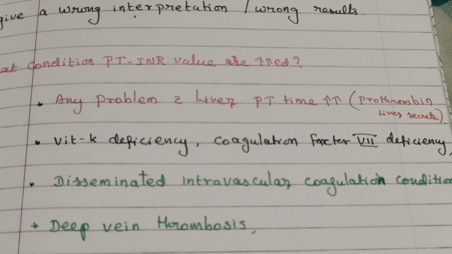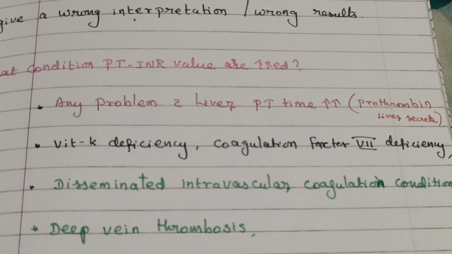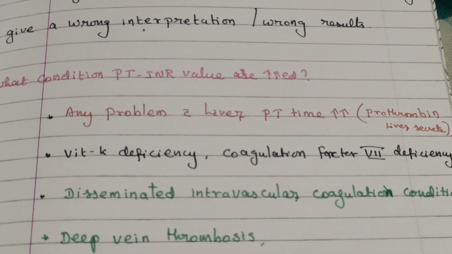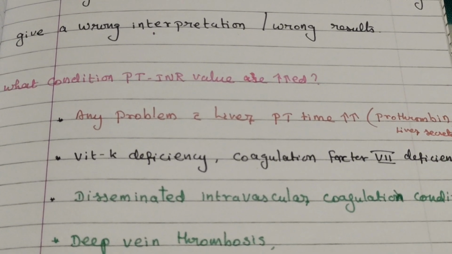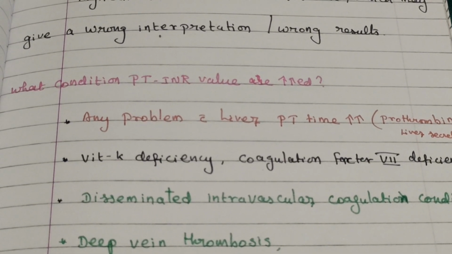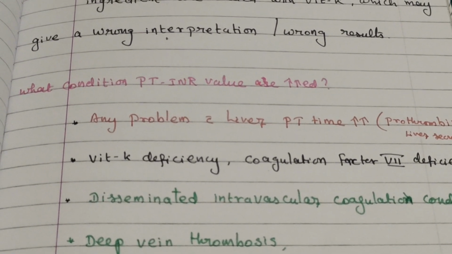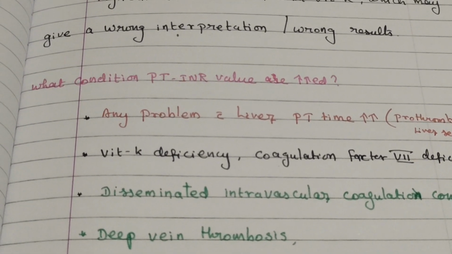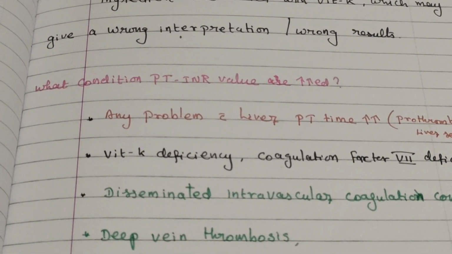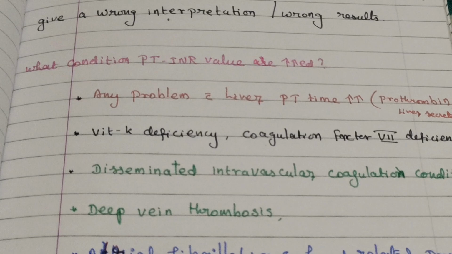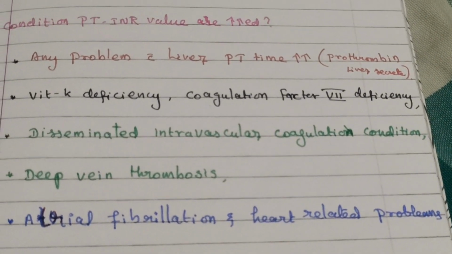Also, people with vitamin K deficiency, coagulation factor 7 deficiency, disseminated intravascular coagulation, deep vein thrombosis, then atrial fibrillation and heart related problems.